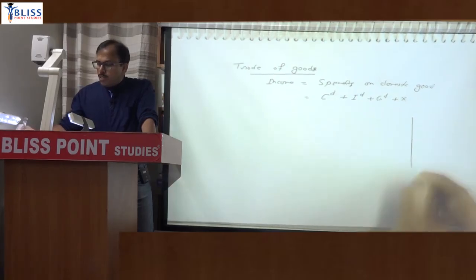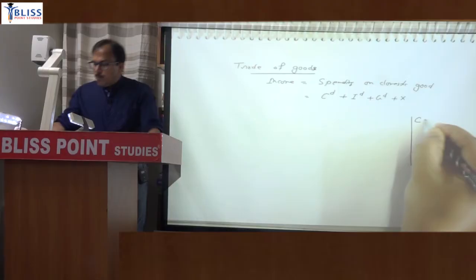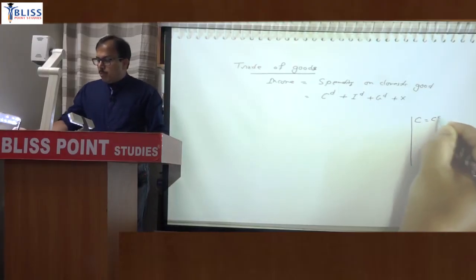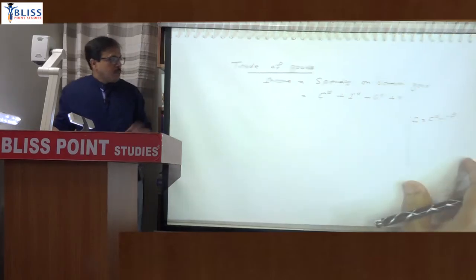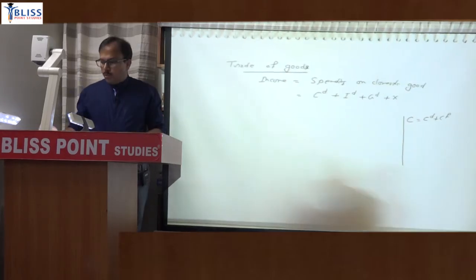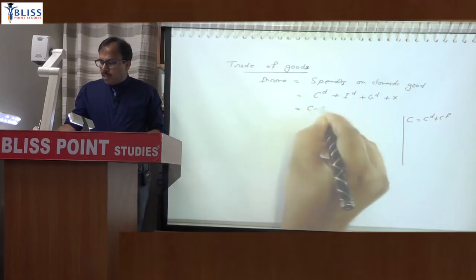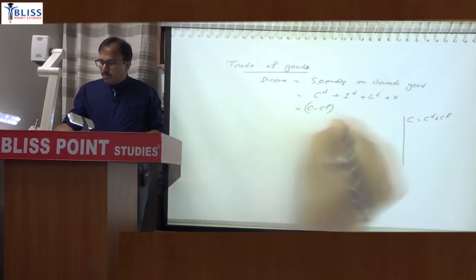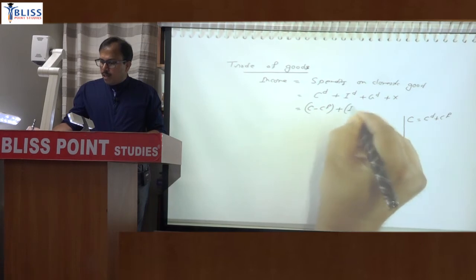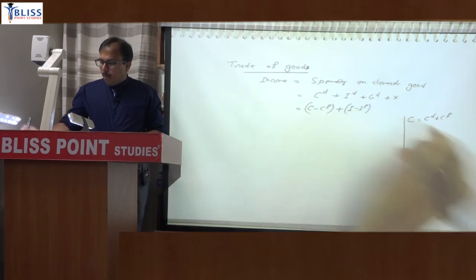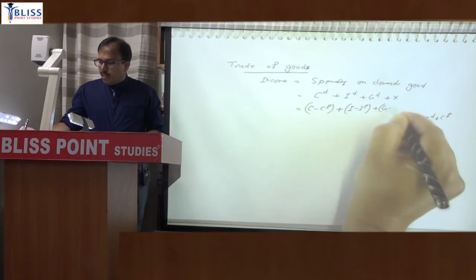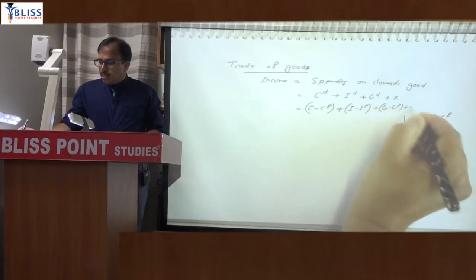In rough you can just note it. Consumption spending by household include purchase of domestic good plus purchase of foreign goods. It is purchase of domestic plus purchase of foreign both. So in place of CD you can write C minus CF. For ID you can write I minus IF. For GD you can write G minus GF plus export.